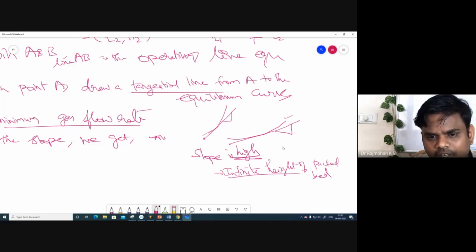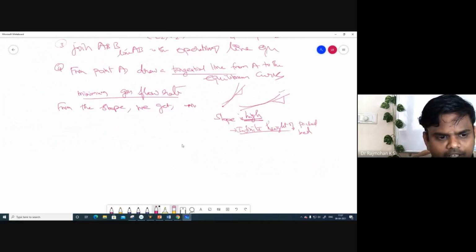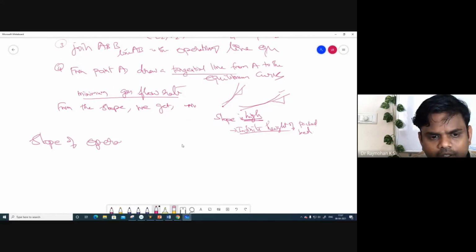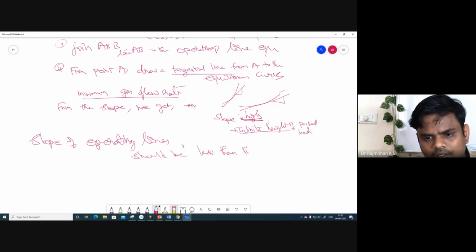That's why we want a slope lower than this line. The slope of the operating line should be less than the slope of the tangent line. Let me say the tangent line is AB dash.